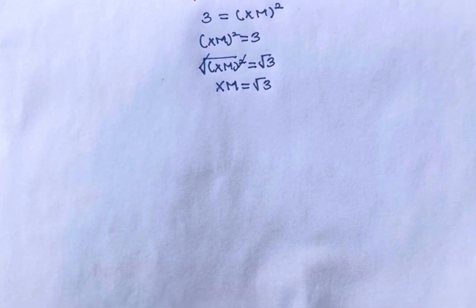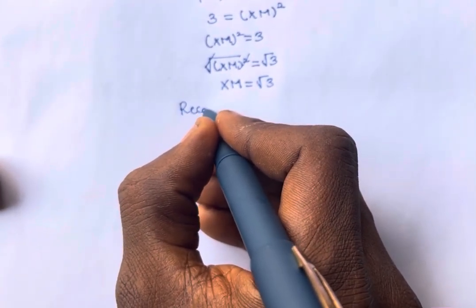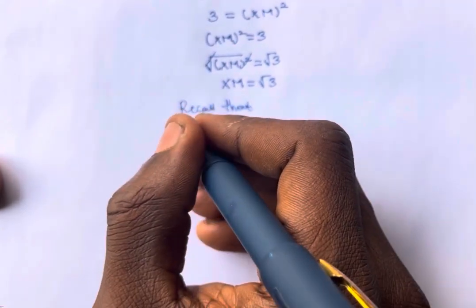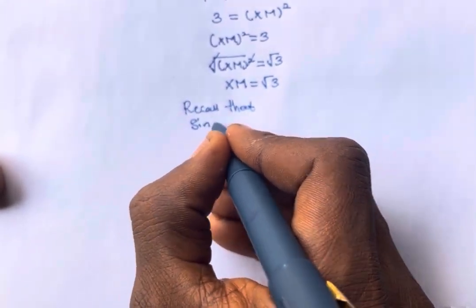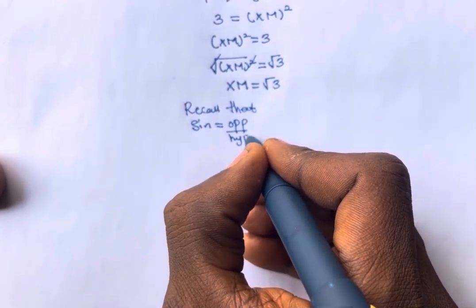It is now easy to derive the trigonometry ratio of 60 degree and 30 degree. But recall that our sine is equal to opposite over hypotenuse.